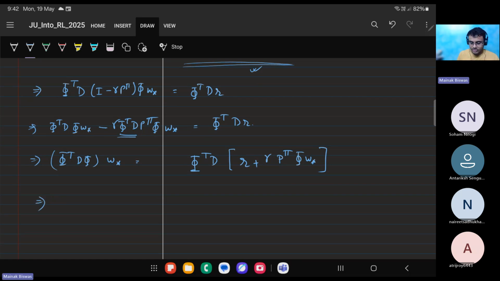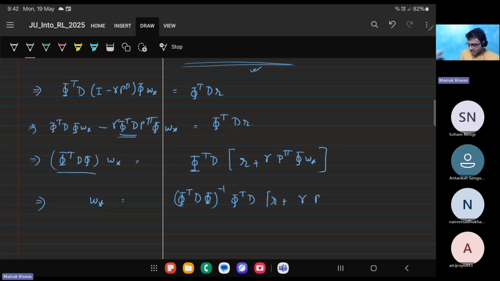Can I do something more with this? This is simple. W star is equal to the inverse of this: phi transpose D phi inverse, phi transpose D, R plus gamma P pi phi W star.